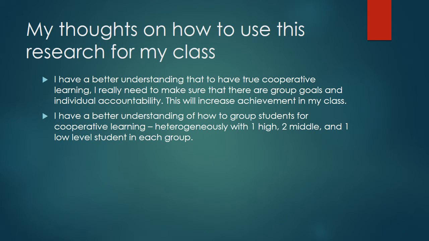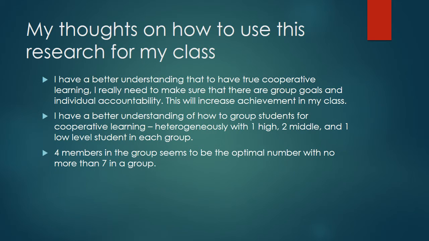I also have a better understanding of how to group my students for cooperative learning. I need to group them heterogeneously with one high-level student, two mid-level students, and one low-level student in each group, as much as possible. I know that I should try to aim for 4 members in my group, because that seems to be the optimal number, and I should have no more than 7 in a group.